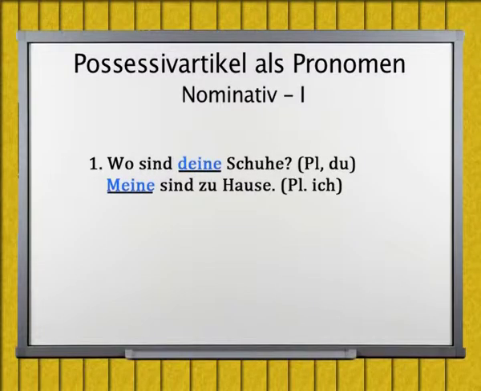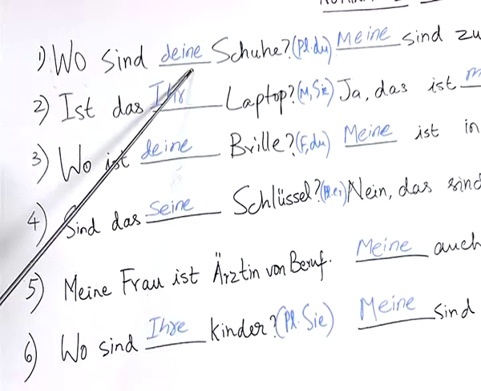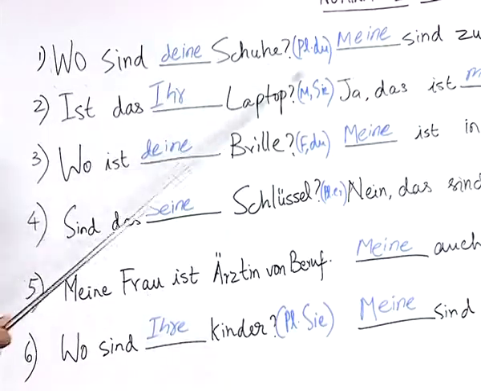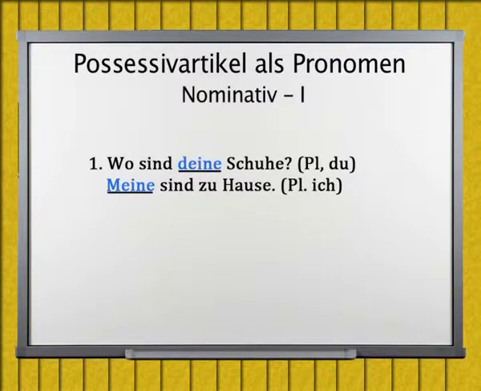Wo sind deine Schuhe? Here, the student correctly identified that the noun Schuhe is in plural, and based on the cue given here, which is the du pronoun, the student wrote the correct possessive article deine, and based on the cue given here in the bracket, the student wrote the correct possessive article as pronoun: meine sind zu Hause.